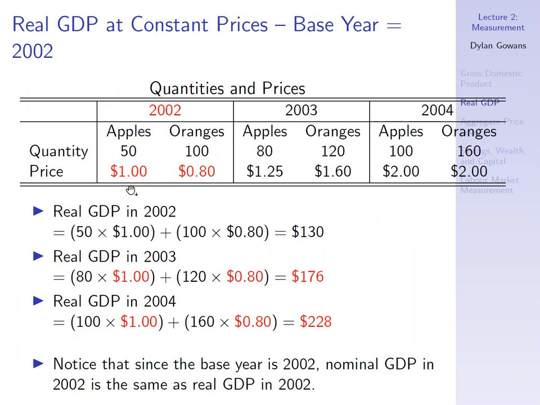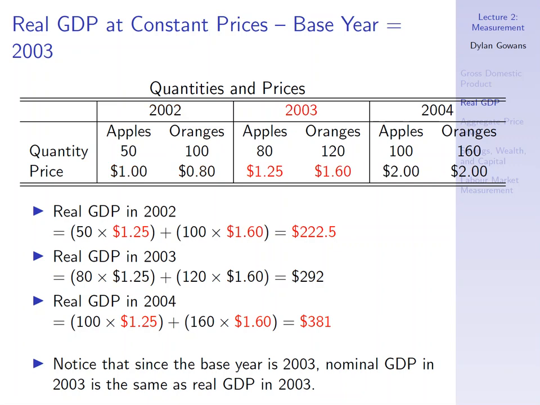If we do that, real GDP in 2002 is the same as nominal GDP, because the weights we're assigning to these two levels of production are the same, both in the real and the nominal calculation. For real GDP in 2003, you'll notice that we've replaced the prices in 2003 with the prices from 2002. That gives us a real GDP in 2003 of $176. Doing the same thing in 2004, we get a real GDP of $228.